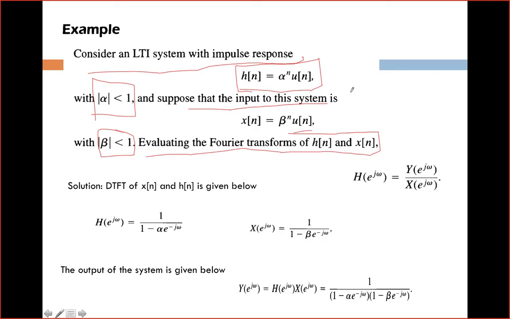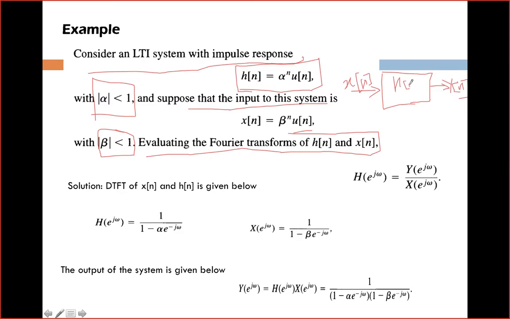So this is related to a system. A system means a black box which consists of an input and an output signal. When I give an input, that is x of n, it should produce an output y of n, and the system response is h of n.